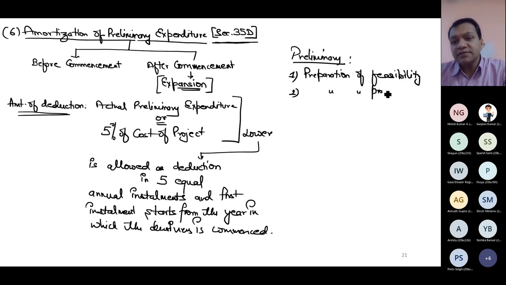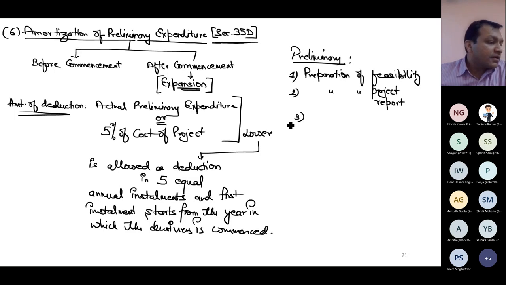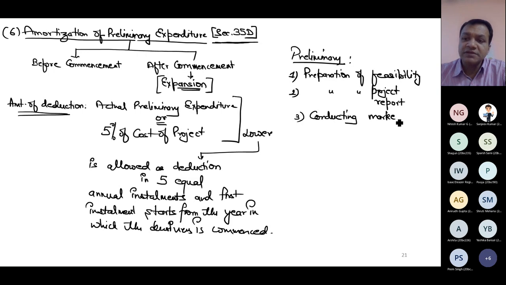So selected I'm writing for you. And conducting market survey. These are some of the examples which are given in the Income Tax Act itself. Conducting market survey related to the business, because before you start the business you want to check whether there will be audience for your business or not.